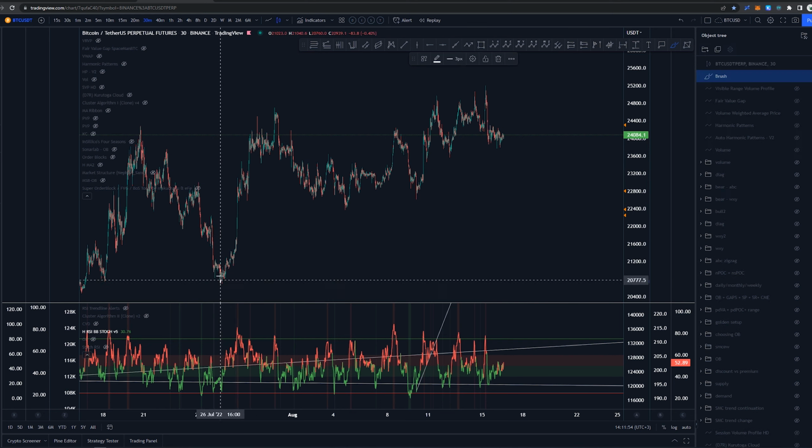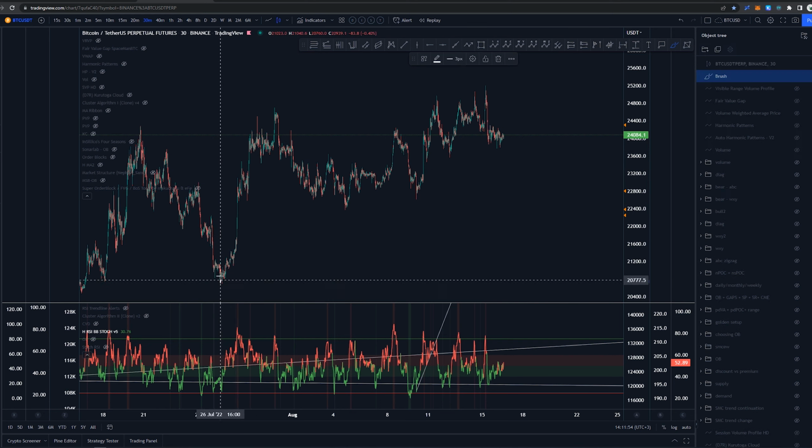But now that we have clarified some of the structures inside here, we can start to determine what kind of structures we are having here. If we are again starting from these highs, we can start to look for structures inside here that could be determining some of the pinpoints that we are having here.